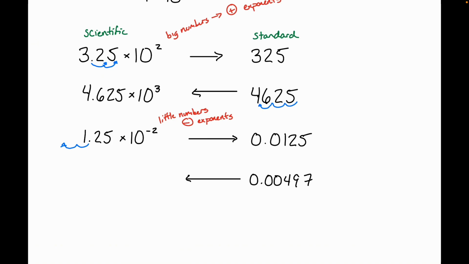Do I have a big number or a little number? A little number. So right off the bat, I know I'm going to need 10 to the negative something. All right? What's the negative what? I'm just going to count my bounces here. 1, 2, 3. Moves that decimal point into the proper position there. So 4.97.